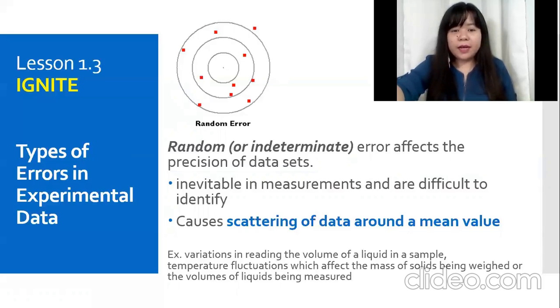But what we mean here by temperature fluctuations is just the normal fluctuation of temperature in a room or in ambient areas when you're doing the experiment. It's something that you really cannot control.